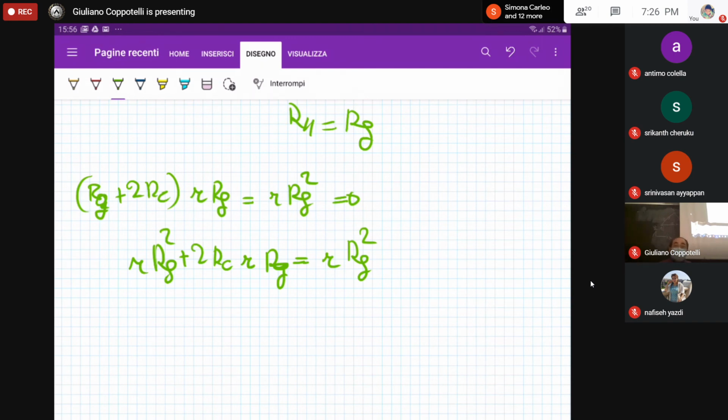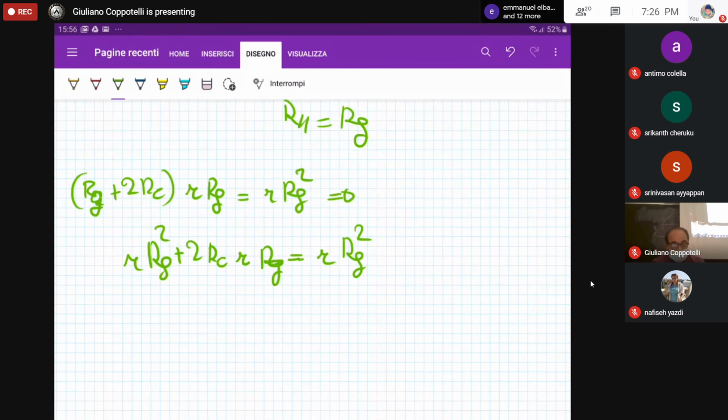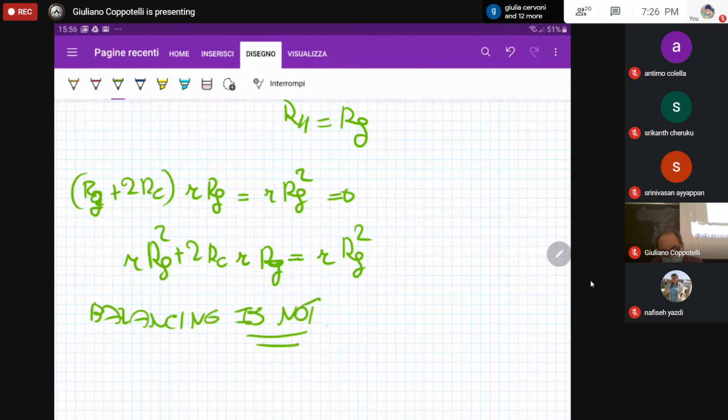So the effect of connecting cable is that the balancing condition could not be satisfied. And for that reason, we have to introduce a different configuration. So balancing is not possible.